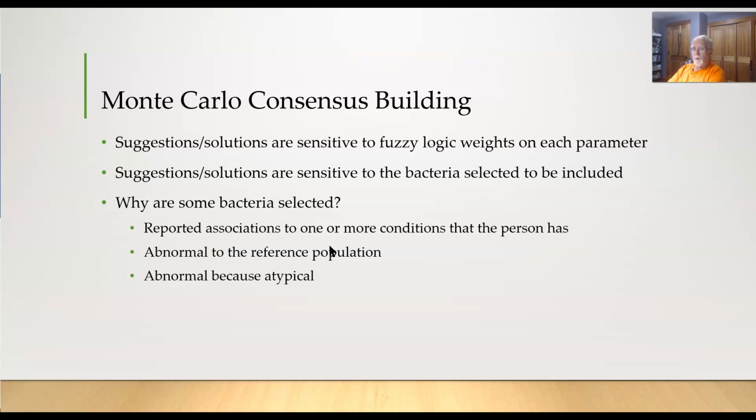Now, all the way through, I've mentioned that the coefficients and the fuzzy logic will determine what the suggestions are. And they will be different depending on what your assumptions are. And what we ended up doing is using Monte Carlo consensus building. That is, we run it through 15 different ways of doing things, 15 different sets of assumptions, compute things out, and then see what the net result is.